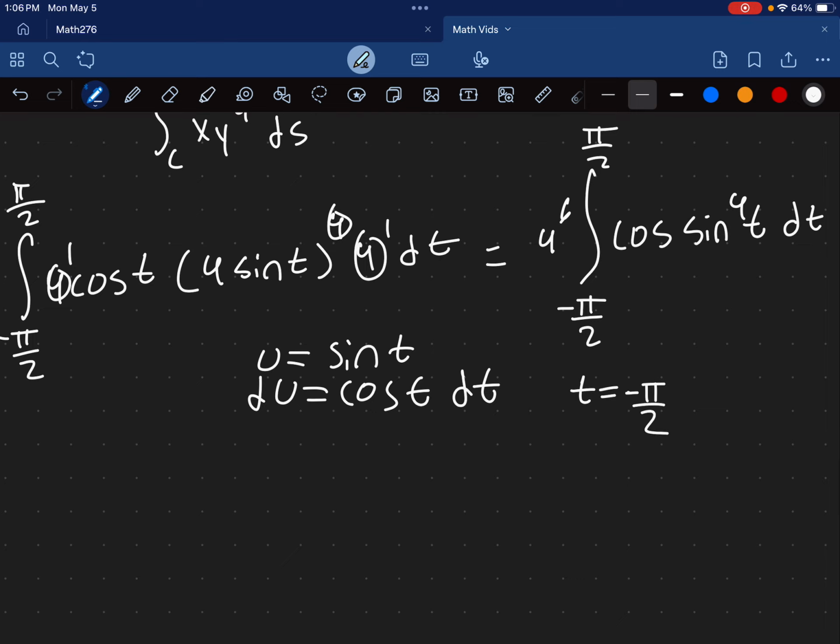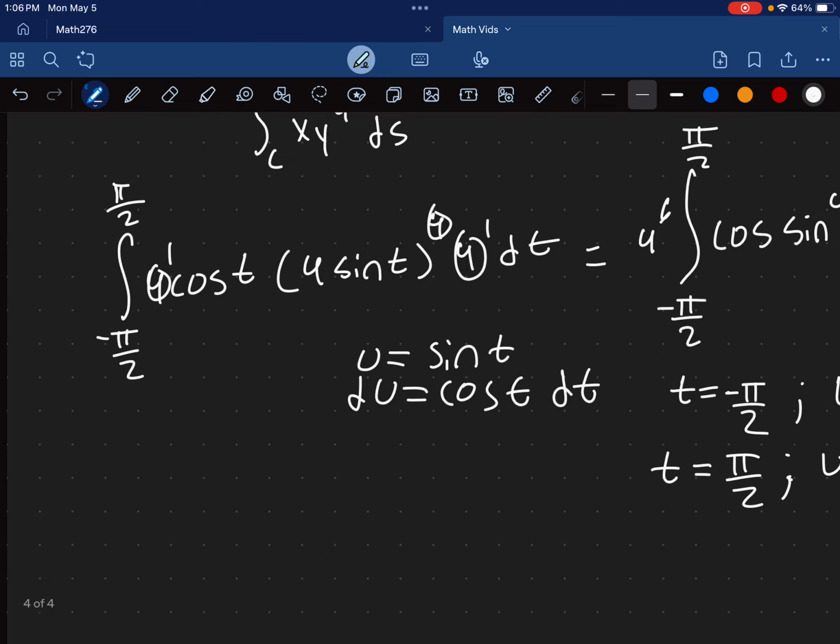Okay, in that case, u equals -1, because if you look at a unit circle, it's down negative. So when t equals positive pi over 2, you can probably guess u equals 1.